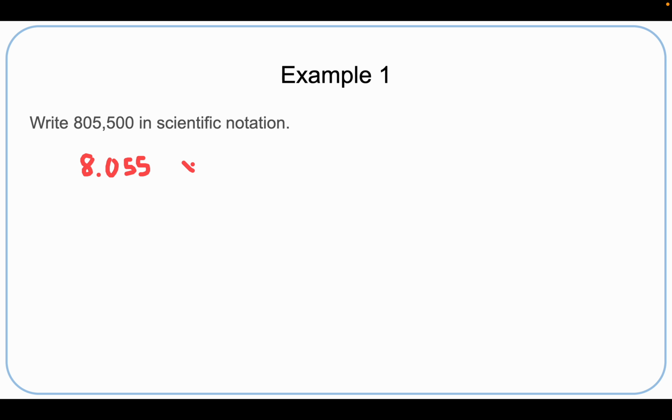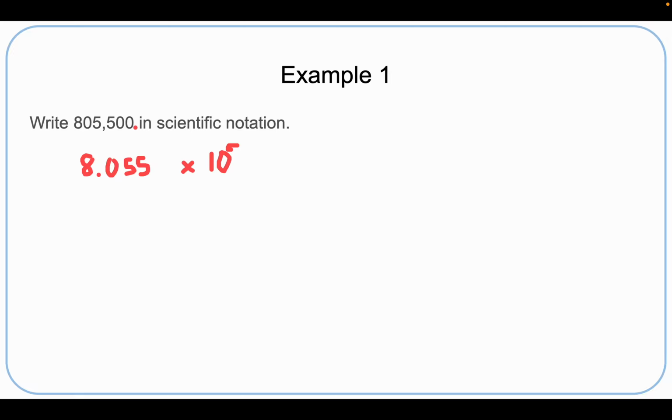And then we want to multiply it by a power of 10. And the exponent that we use is how many spaces we move this decimal point. Originally the decimal point was right behind these 2 zeros. We just don't write it because it's not necessary. But to get the number to be 8.055, we move that decimal place 1, 2, 3, 4, 5 positions.